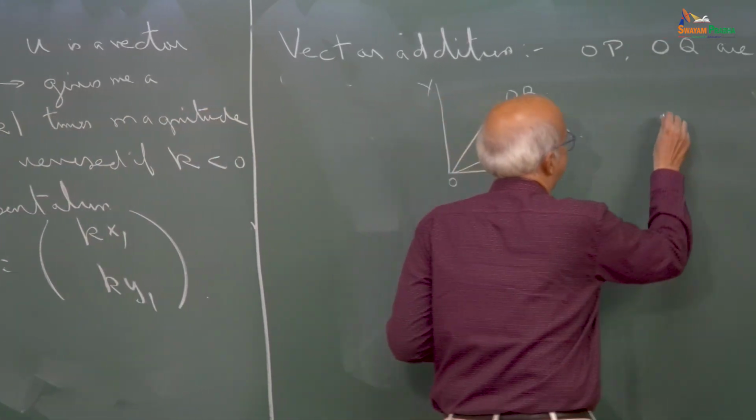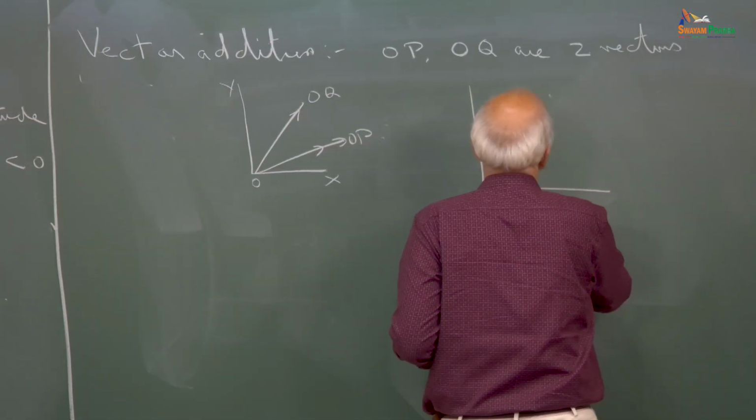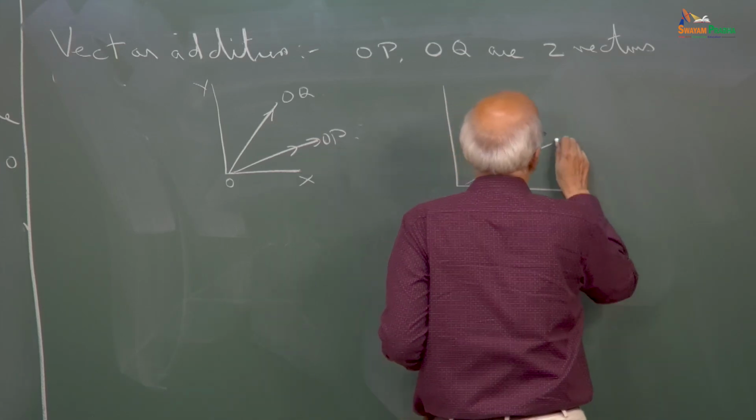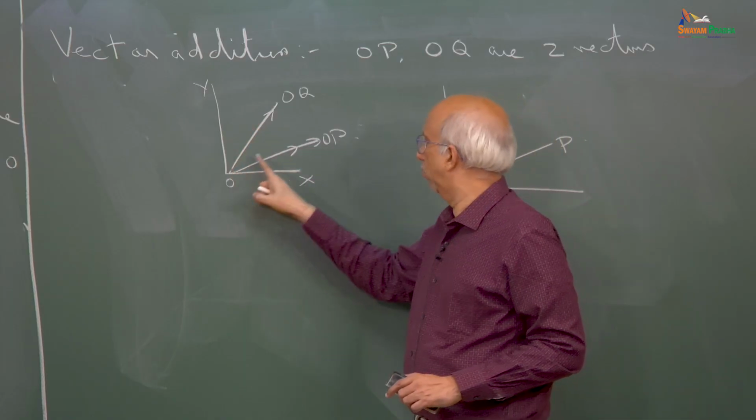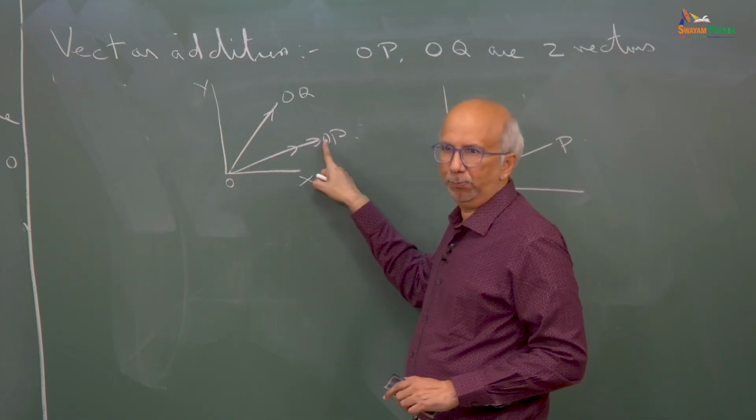You keep OP as it is, and you redraw OQ such that instead of starting at O, it starts at the terminal point of OP.